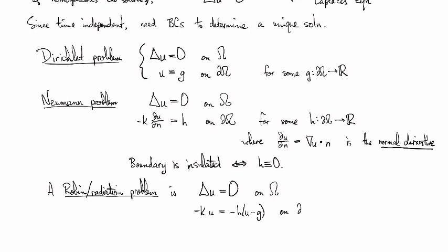Oh, I made a mistake. That should be du/dn. There we go. Okay, something like that. So a combination of the two.